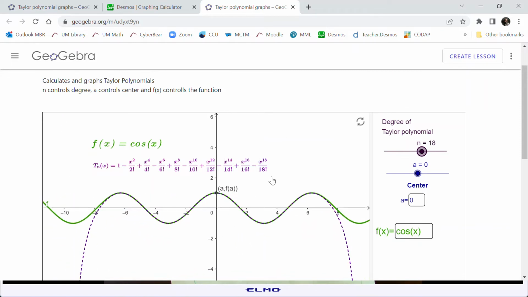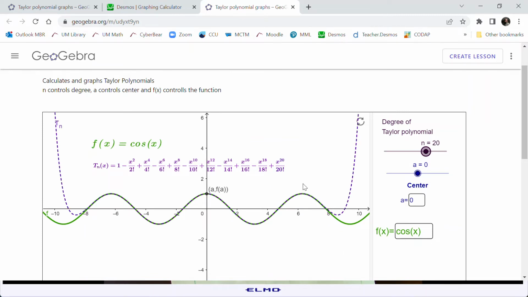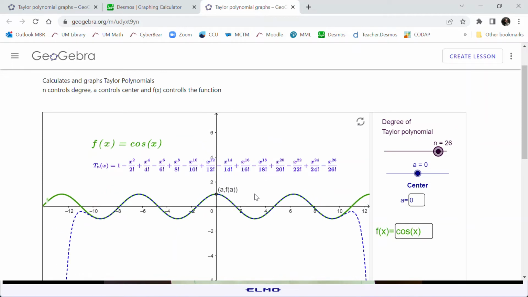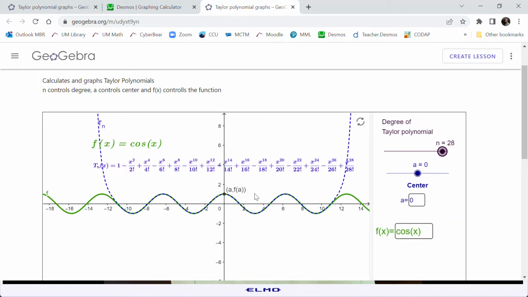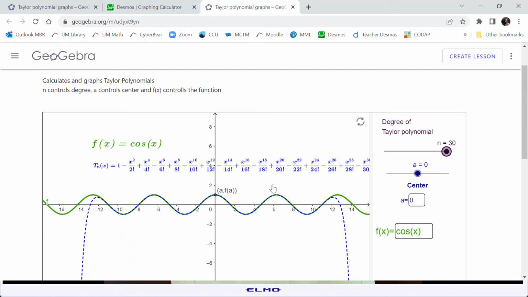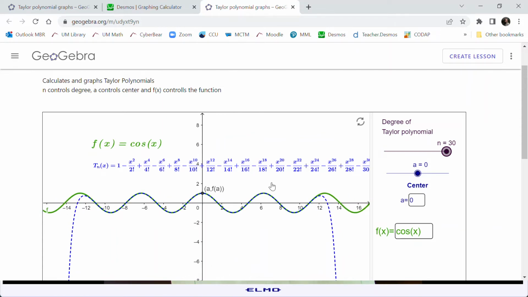Turns out that for this particular polynomial, the radius of convergence is infinite. If we just add enough terms, and you're getting that sense here, right? If we just keep adding terms, we can get as close as we like to the cosine function by just adding enough terms. So there we go, out to 30 terms.